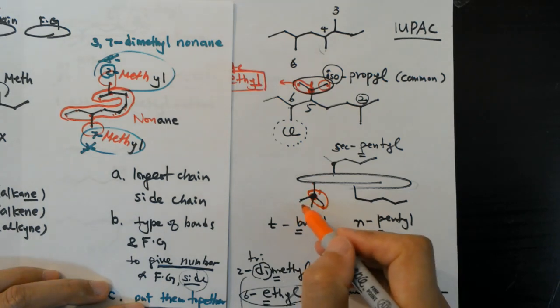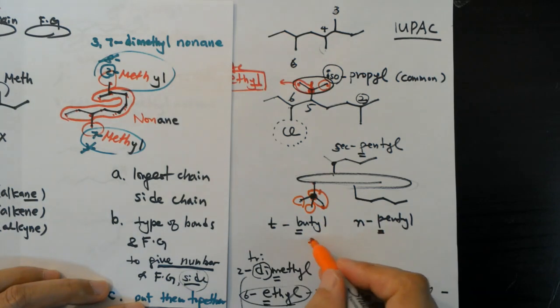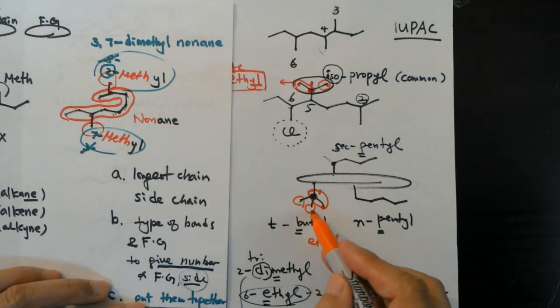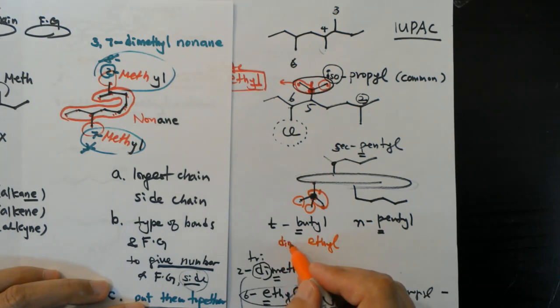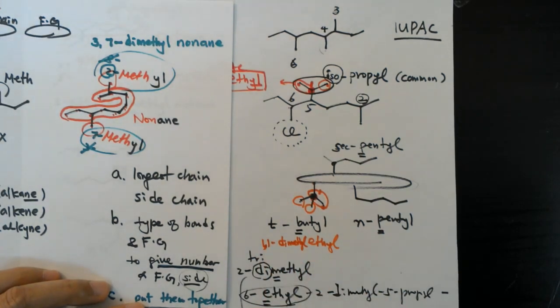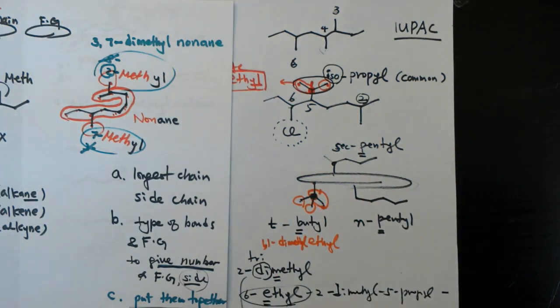Then you have a 2-methyl group on the number 1, so t-butyl would be ethyl, but that ethyl has 2 methyl groups, so dimethyl, and you have to say 1 and 1, but because number 1 you can always omit, you don't have to write it. So dimethylethyl for the t-butyl. I'll show you one example later on of how you actually put it all together.